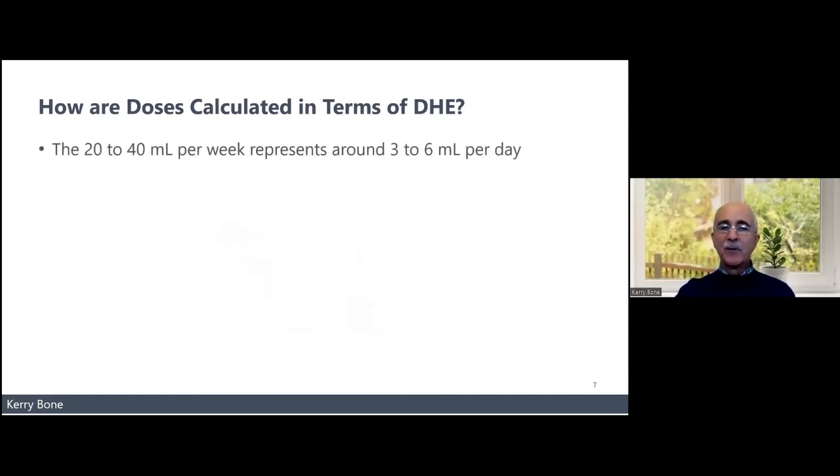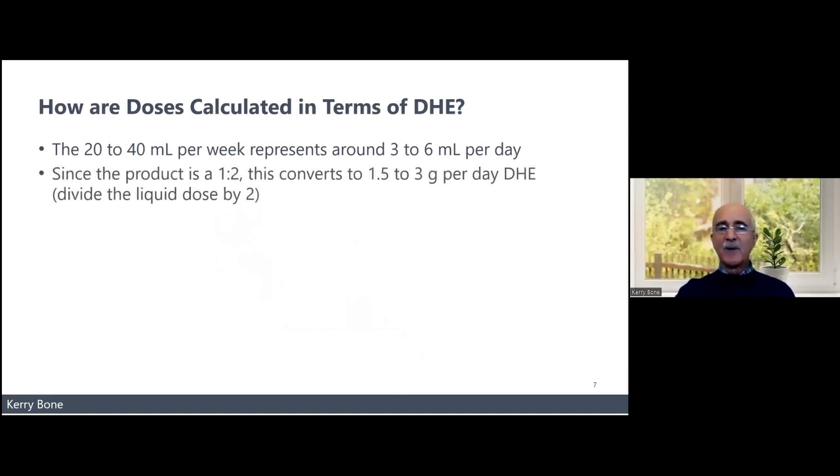Well, 20 to 40 ml per week represents around 3 to 6 ml per day, divided by 7. And since the product is a 1 to 2, you then halve that amount to get the dried herb equivalent.